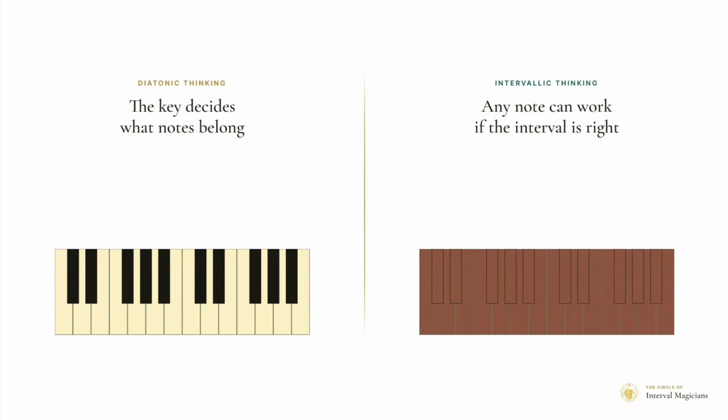Now, on the intervallic side, any note can work if the next interval or the next note you choose feels like it belongs to the story. And again, that is exactly what we cover in the interval magic materials.